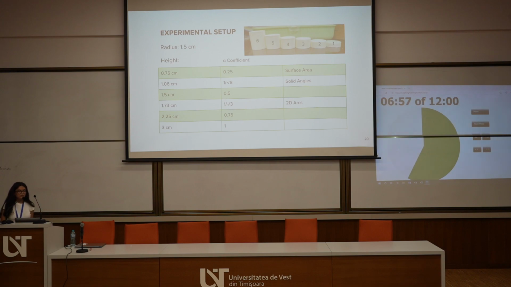They're not exact because the 3D printer is not exact for infinite decimals, but we tried to get it as exact as we could, with heights as we see on that side of the table, which represent the alpha coefficients of 0.25 and so on in that column. And as you see, those represent the surface area model, the solid angles model, and the 2D model, adding 3 additional heights to have more information.